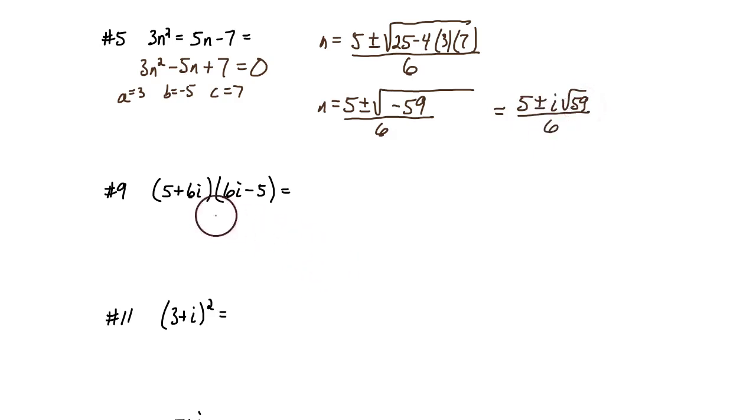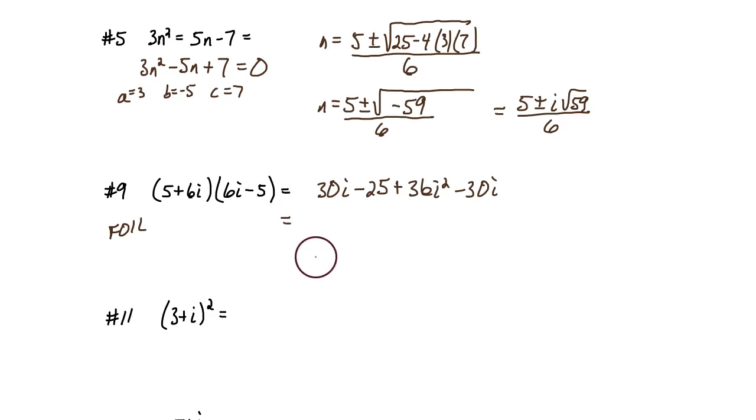Number 9, this has the look of FOIL. So let's use FOIL. 5 times 6i is 30i. Now the outer product is negative 25. Now the inner product, 6i times 6i, that's 36i squared. And then last, 6i times negative 5, that's negative 30i.